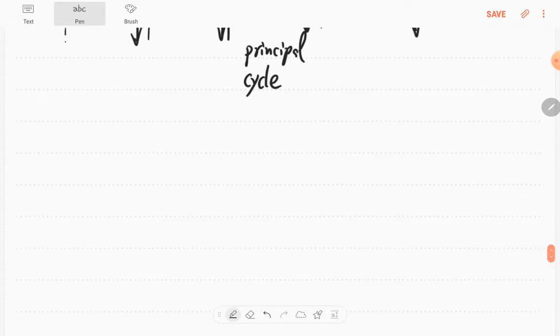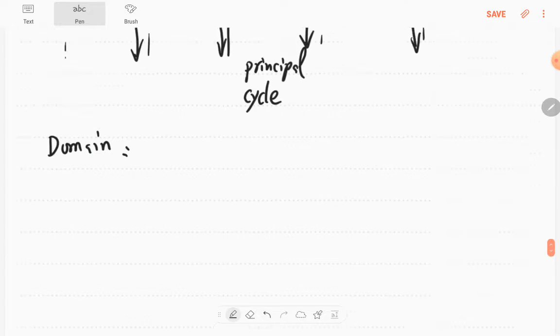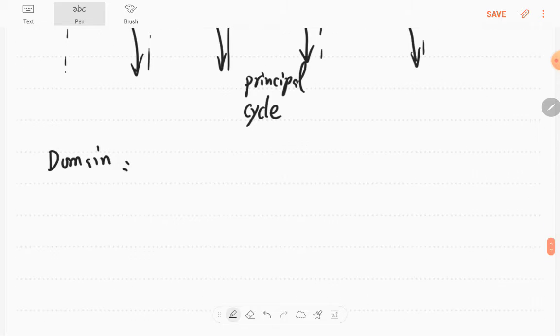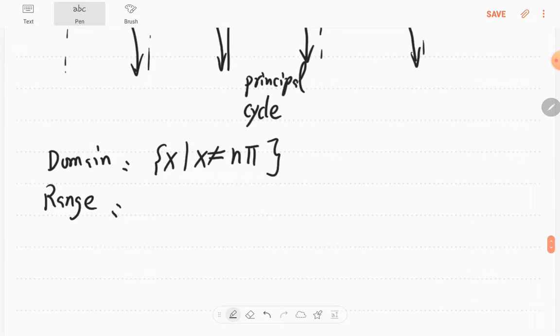So now let's summarize. The domain is all the values except at the vertical asymptote. So that is the set of x such that x is not equal to n times pi. And the range is from negative infinity to infinity. And the period is pi.